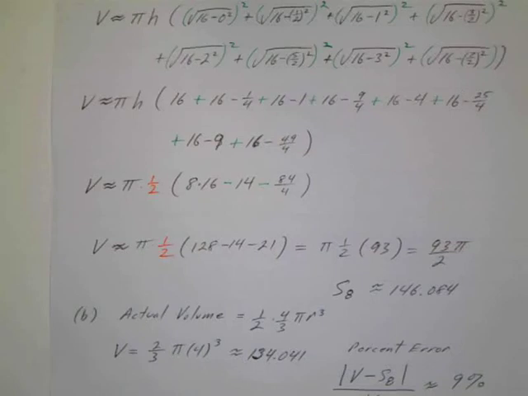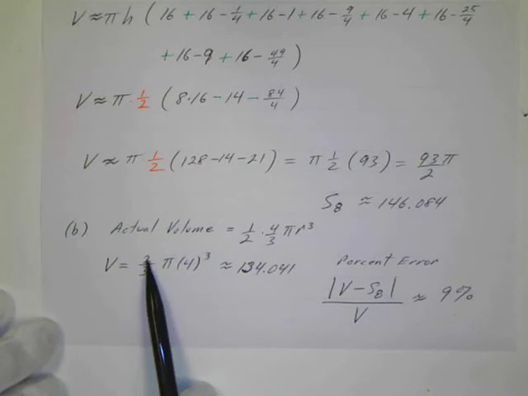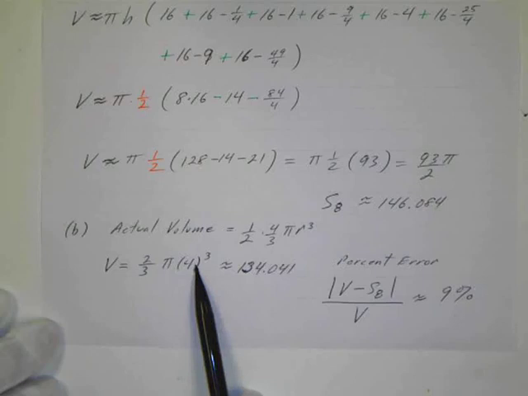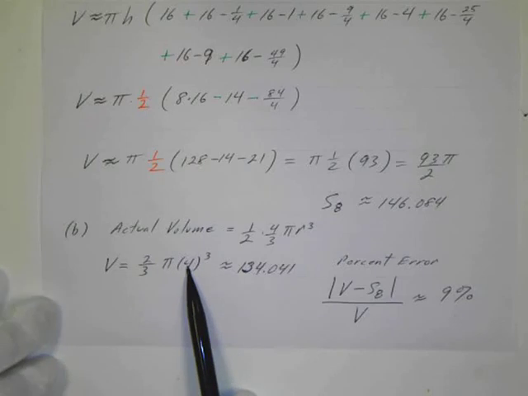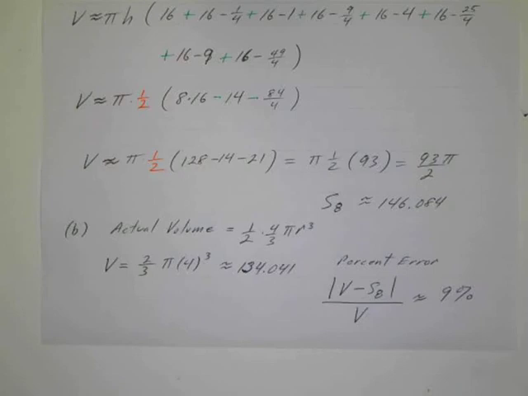Then they wanted to find the percent error, so you could take the actual volume. Now remember, the volume for a sphere is 4/3 pi r cubed, and we took half of that for the volume of a hemisphere. So I just put 2/3 pi, since 1/2 of 4/3 is 2/3, and then the radius of my sphere was 4. So 4 cubed, it ended up being 134.041.